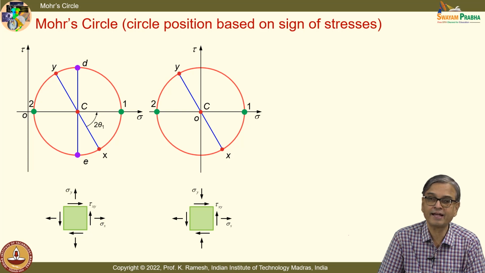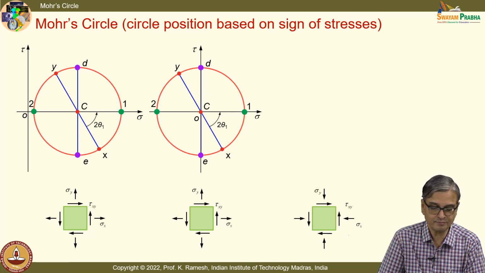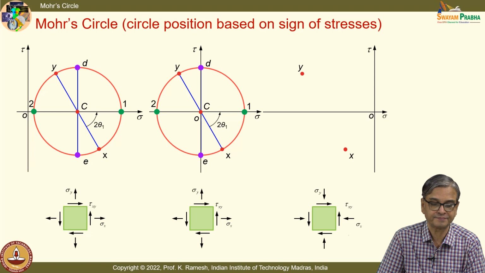Fine, I have a Mohr circle which occupies like this, and I can also have another situation where Mohr circle is completely shifted to the left. I have sigma y is compressive as well as sigma x is compressive. I can also have a Mohr circle like this.